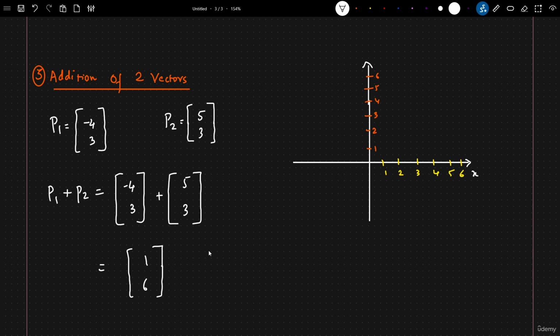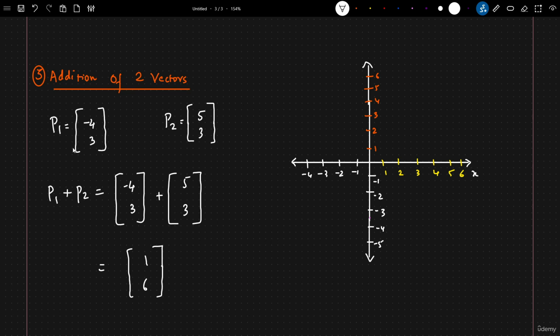Now, what does adding these numbers actually specify? Let me do one thing. Let me extend this line so that we will also have the negative values, and here also we'll have the negative values. So here I will have -1, -2, -3, -4. Similarly, here I'll have -1, -2, -3, -4, -5.